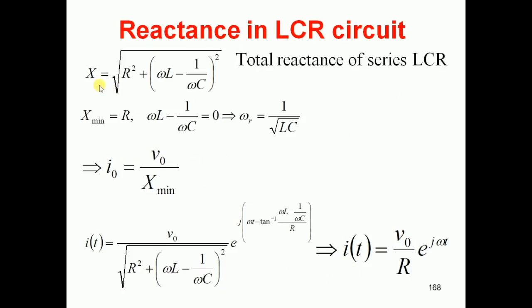Now, this x will be minimum when omega L is equal to 1 upon omega C, and under that condition that minimum value will be R. So the resonance frequency omega R is 1 upon under root of LC, and x minimum here will be capital R. There won't be any phase difference under this situation, because omega L minus 1 upon omega C is 0, and tan inverse of 0 is 0.